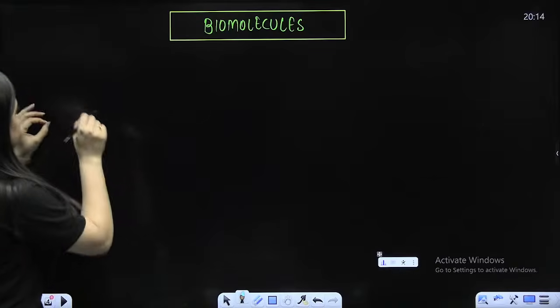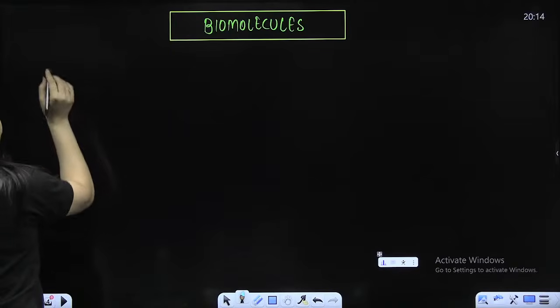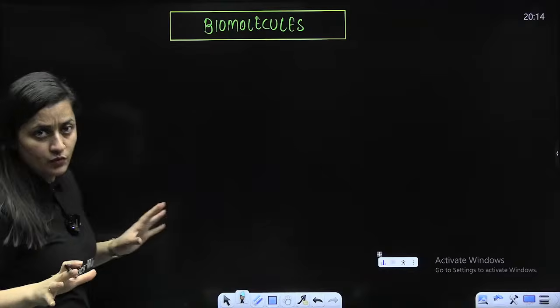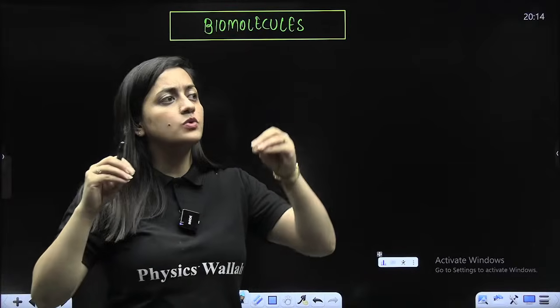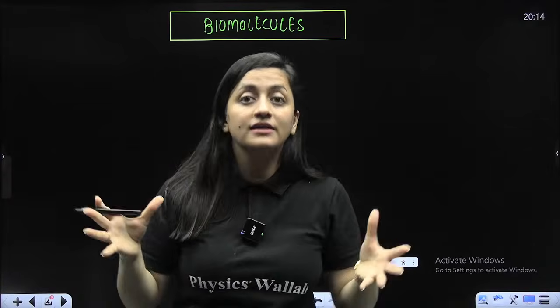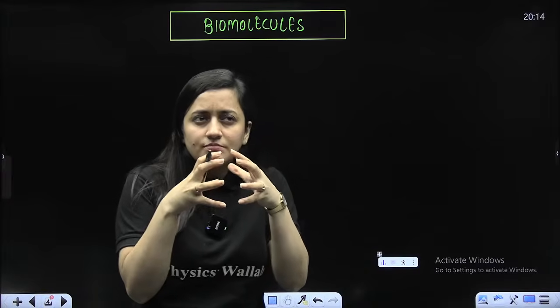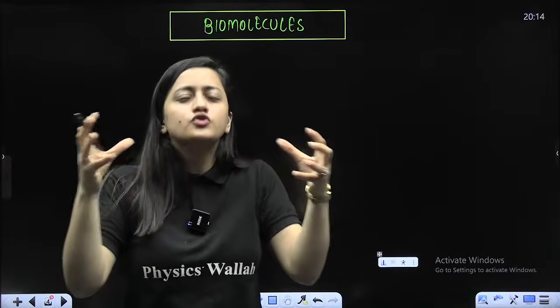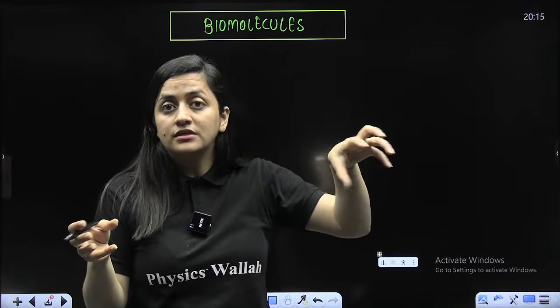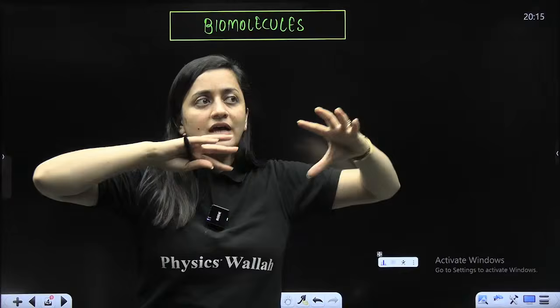Let me tell you. See students, if I talk about the earth, initially nothing was there. Initially there was no life. We talk about a theory, that is the Big Bang theory. There was a kind of massive explosion which we cannot measure in physical terms, and after that the cooling occurred.